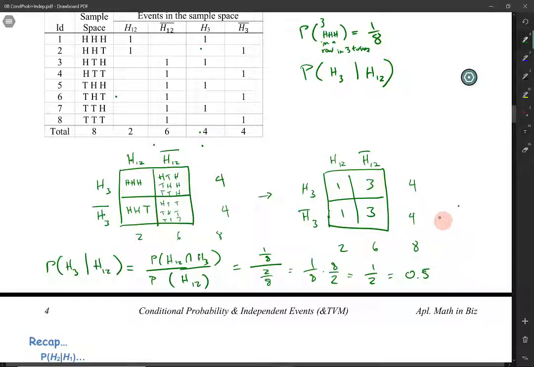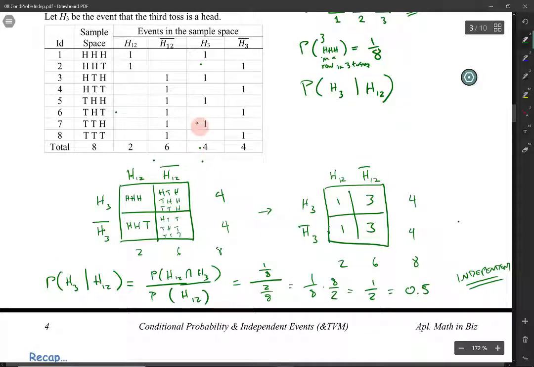So this is independent. Right? Because the probability of H3 by itself is equal to 4 out of 8, which is equal to 1/2, which is equal to 0.5, right? So the probability of H3 equals the probability of H3 given that the first two were heads.